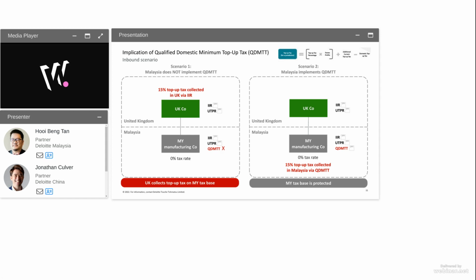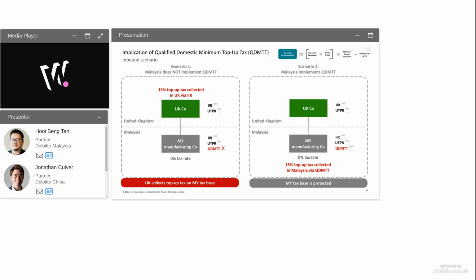So instead of that top-up tax being collected by UK Co under the IIR, Malaysia effectively has the first bite of the cherry in terms of tax. It should compute that 15% tax in the same way as the Globe rules, and that will be paid over to the local Malaysian tax authorities, right? So it's an inbound scenario into an Asian jurisdiction with low tax.